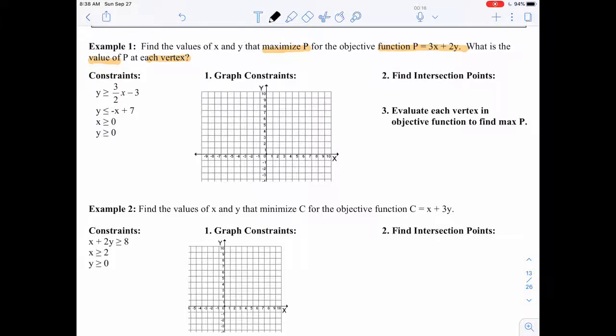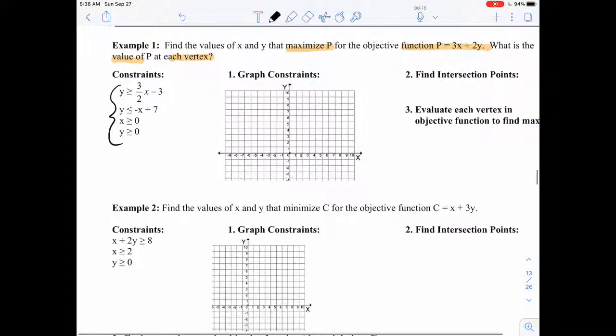In this first example, it has given us a system of constraints. We will again label these 1, 2, 3, and 4. In our first equation, we have a slope of up 3 over 2 and a y-intercept of 0, negative 3.